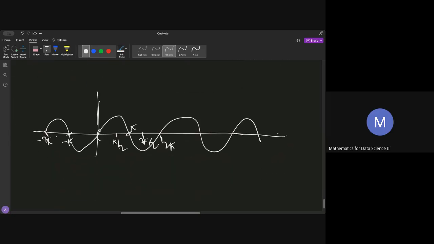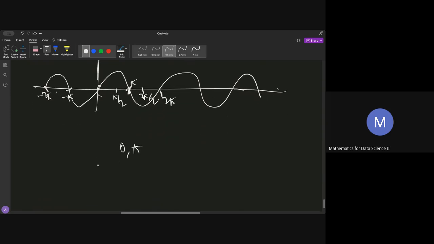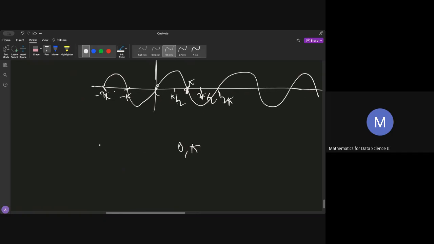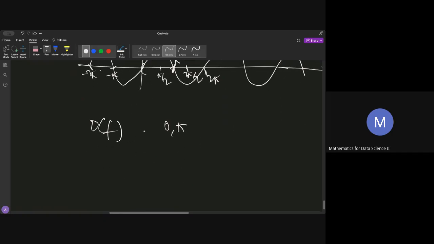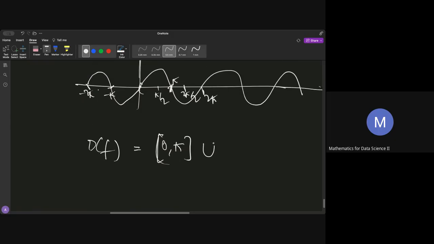From 0 to pi. If I were to define the domain of f such that G∘f is valid, I should define the domain of f as 0 to pi, 0 is also fine, pi is also fine. Then I can take 2 pi to 3 pi, right? Here also we have the value of sine positive.